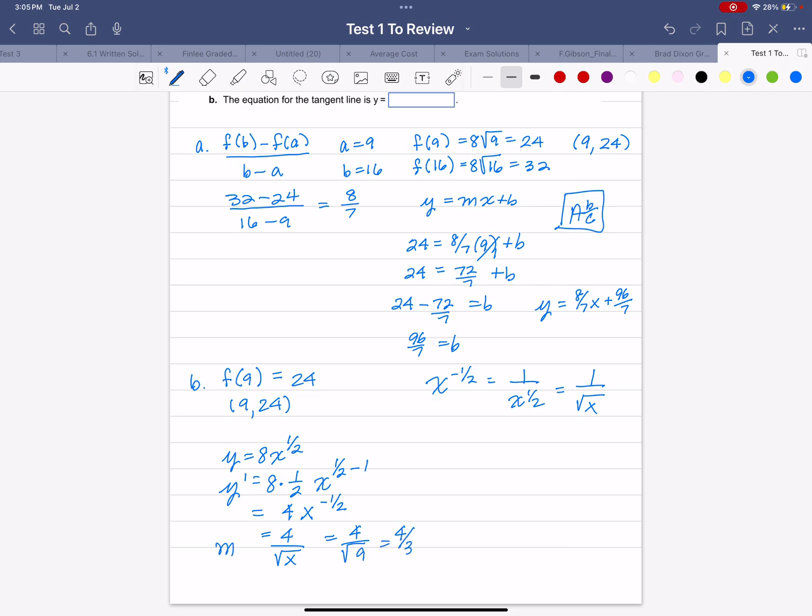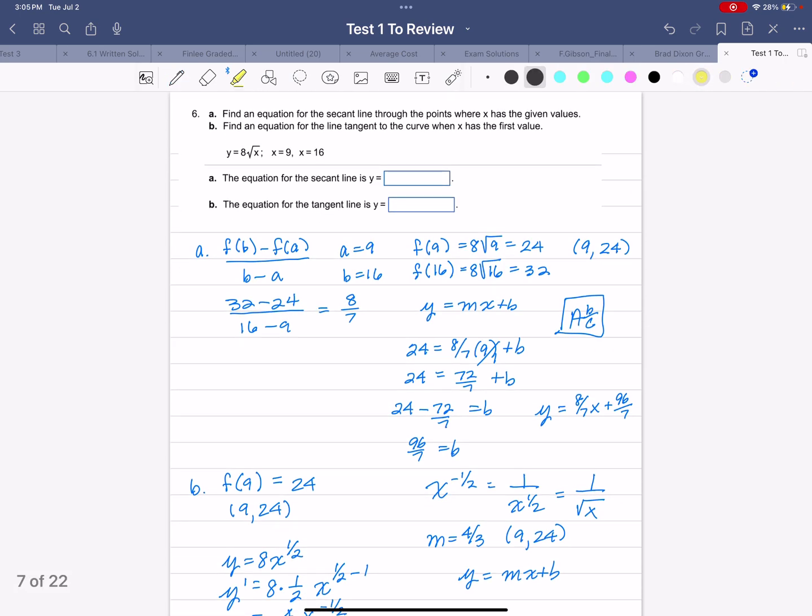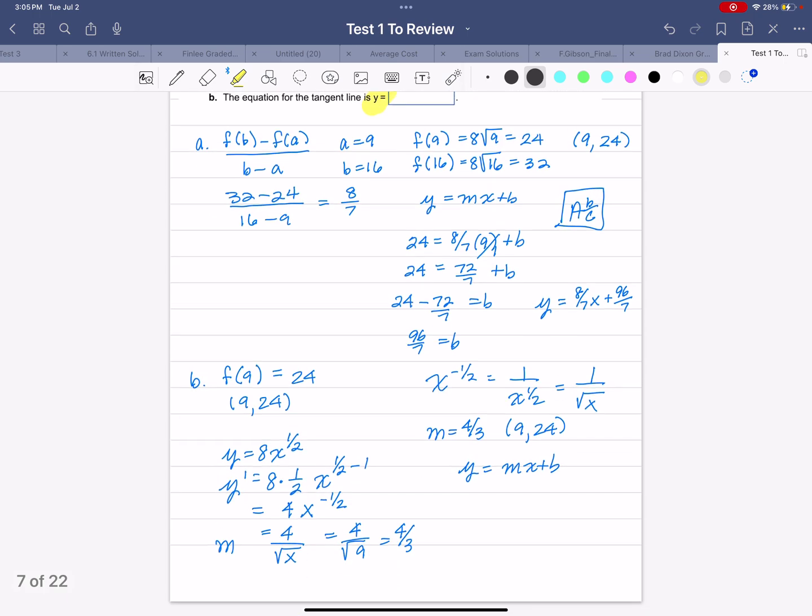Okay, that's my slope. So I'm going to use m is 4 over 3, and the point (9, 24). So y equals mx plus b, and you can use the other formula, but since this says solve for y, I'll just go ahead and do it this way.